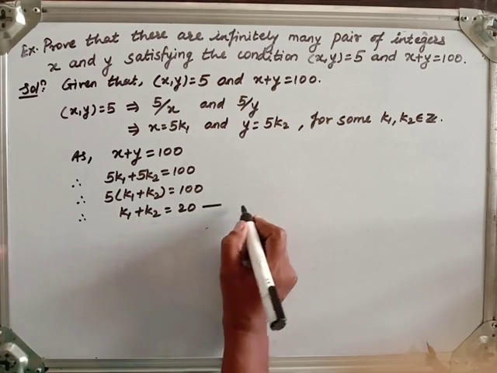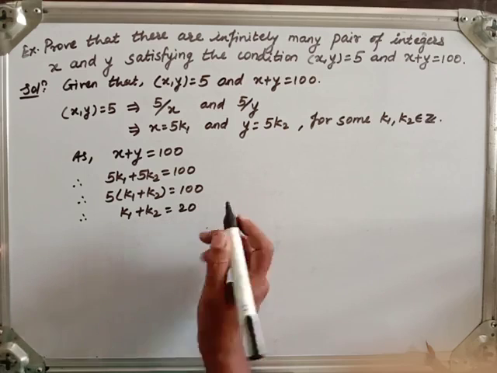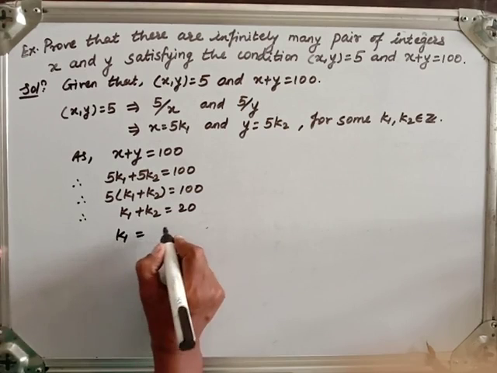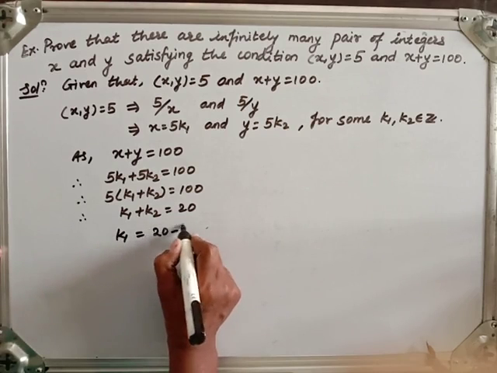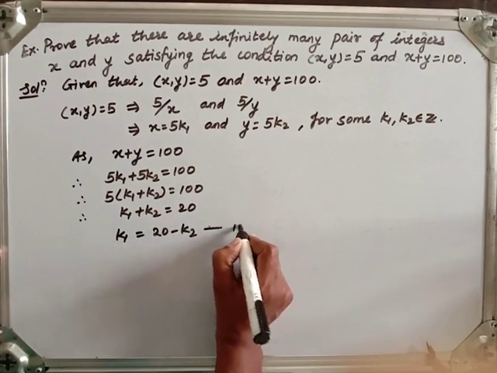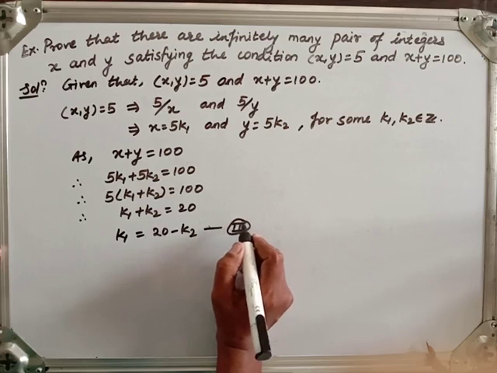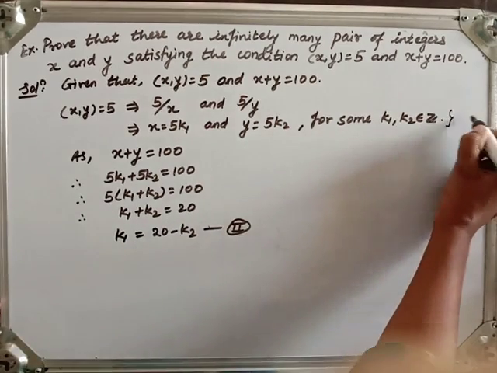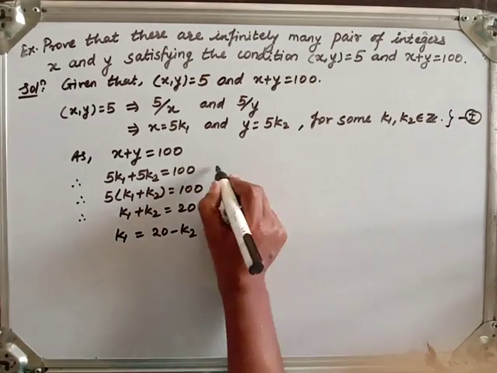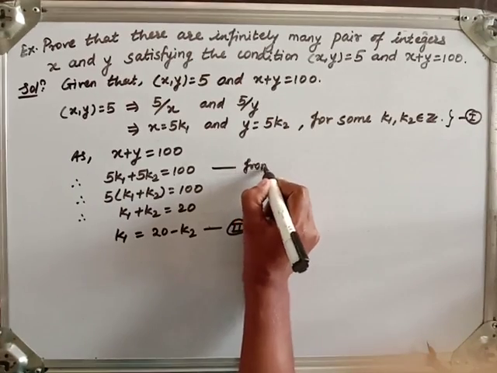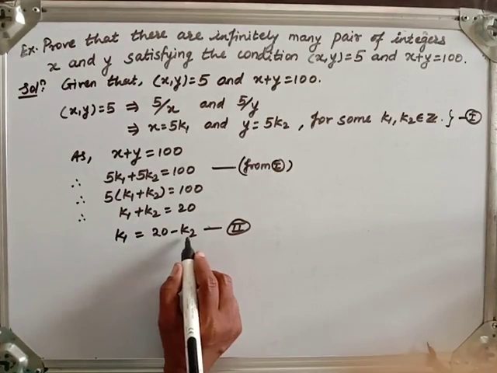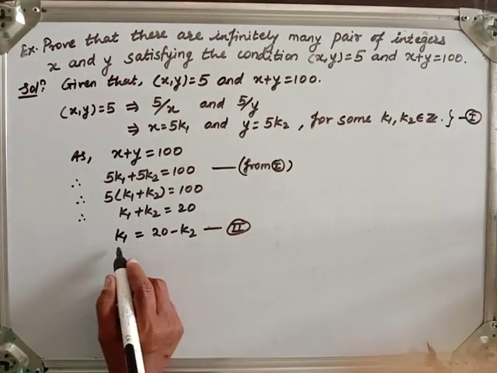This is possible for infinitely many integers. So here k1 is equal to 20 minus k2. Let it be equation number 2. This is equation number 1, which we have used here. Fine.